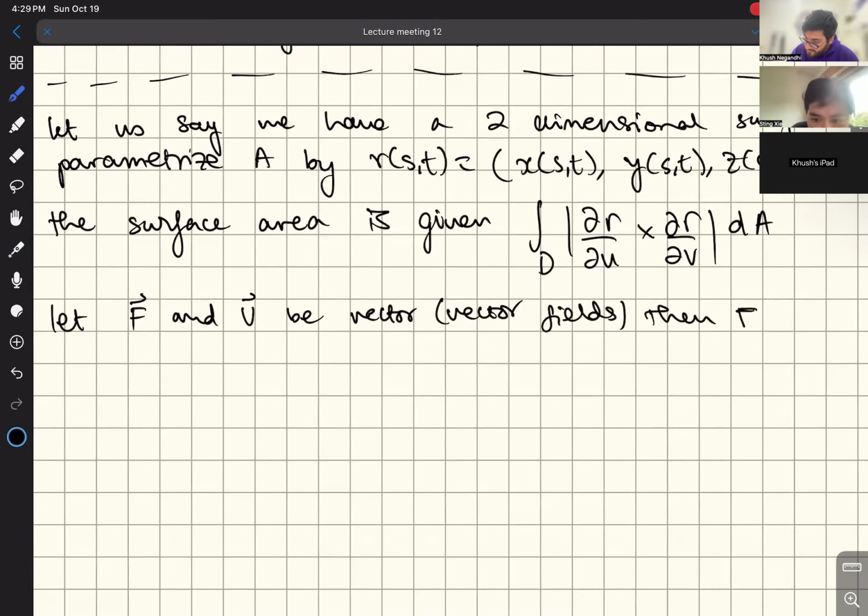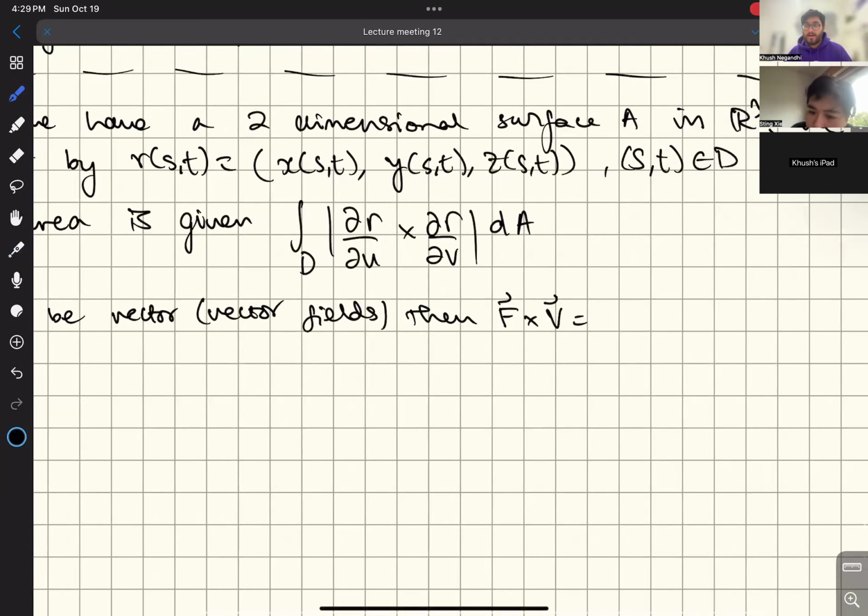Then F cross V is defined as the vector that is perpendicular to both F and V, and it's normal to the plane spanned by F and V. And you choose it so that the right hand rule holds.